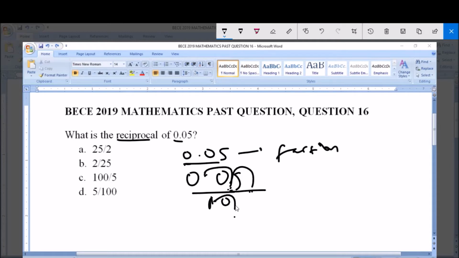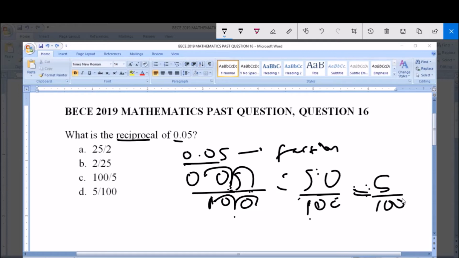Now we have 5.0 in the numerator, and because we moved the decimal point 2 places to the right, we have 100 in the denominator. So we have 5 all over 100.